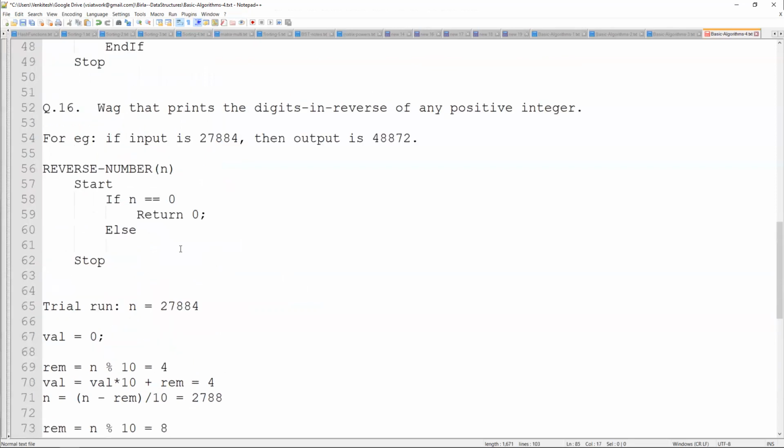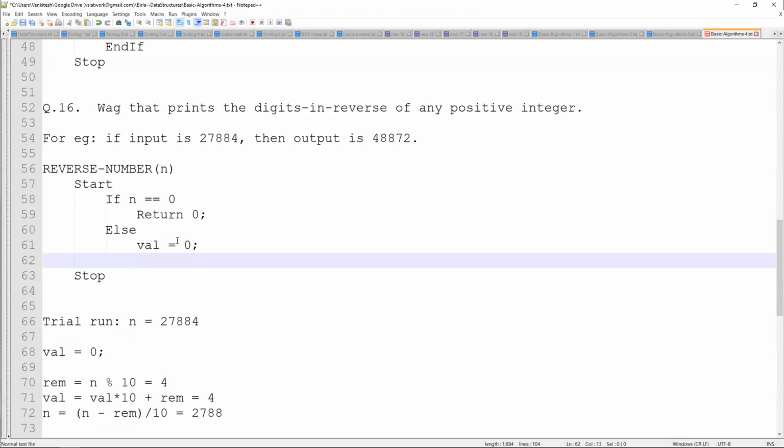Okay, so now let's do this. Write this algorithm. So else case, that is when n is positive, what are we really supposed to do? We are supposed to continue this for as long as n is non-zero. So let me initialize val is equal to 0 first. Okay, and then this is where we use the while condition because for becomes complicated.